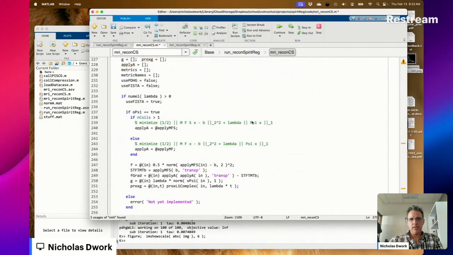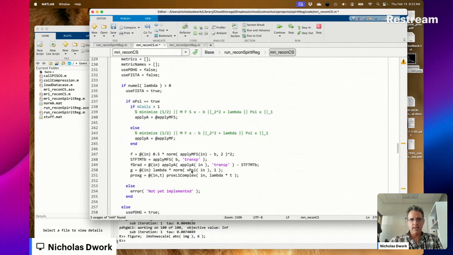When lambda comes in, it's psi x, and we're actually doing v psi. Why v psi? Oh, because v psi gives us the norm.